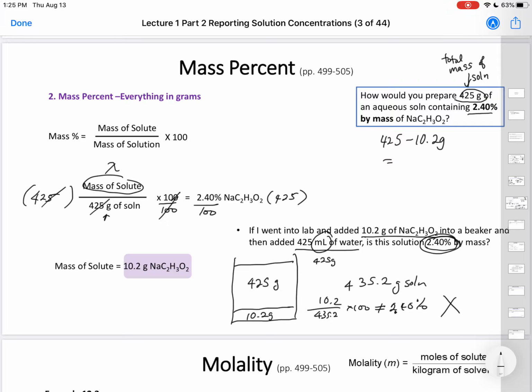That will get you the amount of water, or the amount of solvent, that you need to add. So you need to add 414.8 grams of water. This is really important when you're doing stuff in lab on how to make solutions to make accurate concentrations.